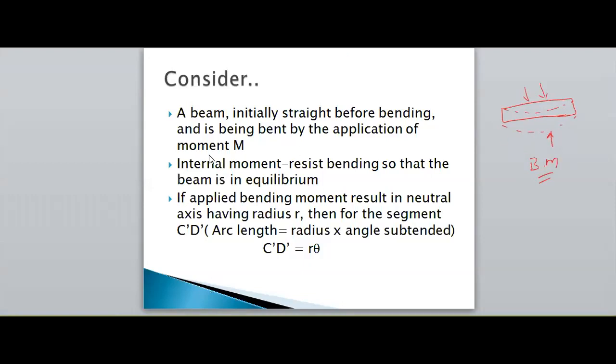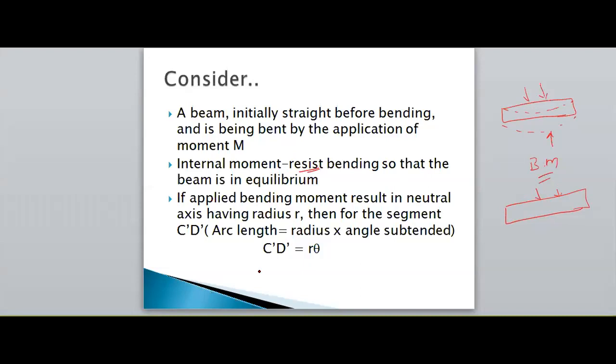We will call this an inertia force. The internal resisting moment is applied to make an equilibrium condition. That is, the beam needs to be straight even after applying the load. So a resisting bending moment is applied here.